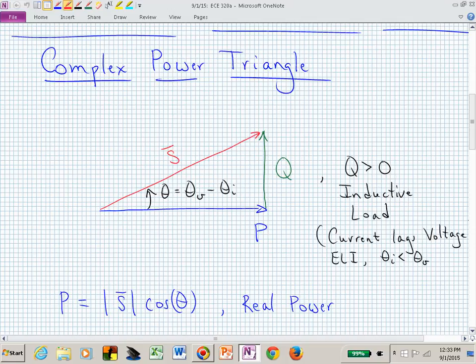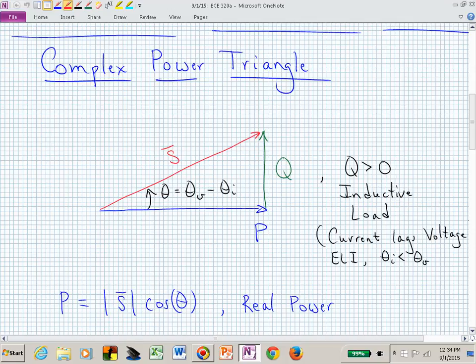And the units on Q, the reactive power, VARs. All of these powers are volt amperes, but we are giving them unique names to try to distinguish between what we are really referring to. Real power, horizontal, is watts.